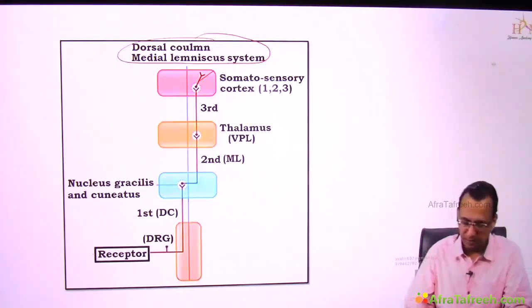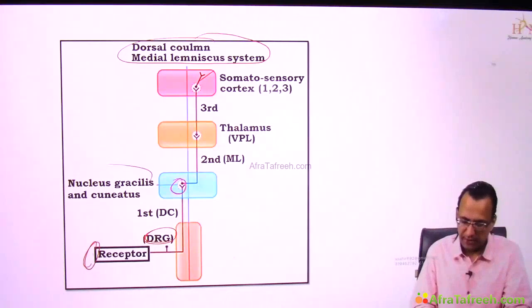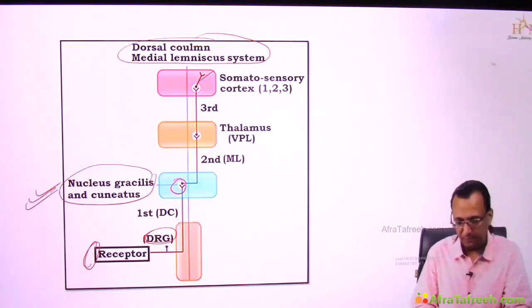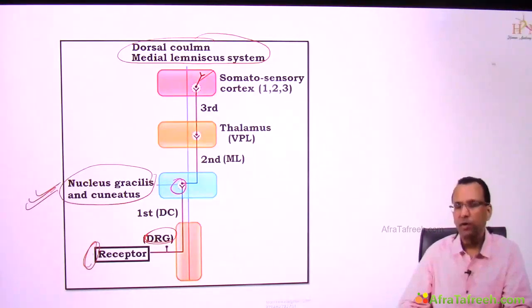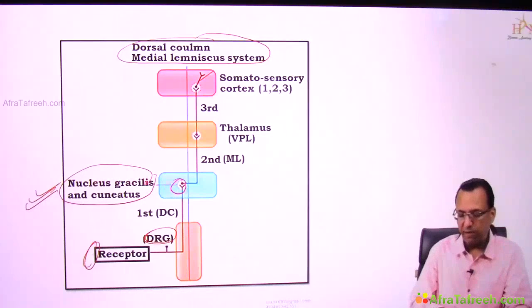See, the dorsal column medial lemniscal system is carrying some sensations. You will find there will be some receptors, and the first order neuron is the dorsal root ganglion running ipsilaterally and synapsing in some nuclei, gracilis and cuneatus in the medulla. Yes, and there the second order neuron will begin.